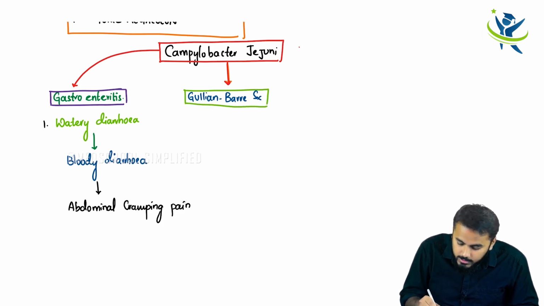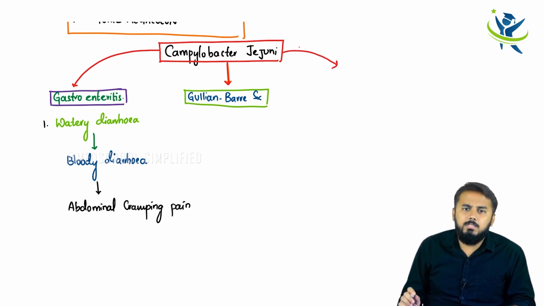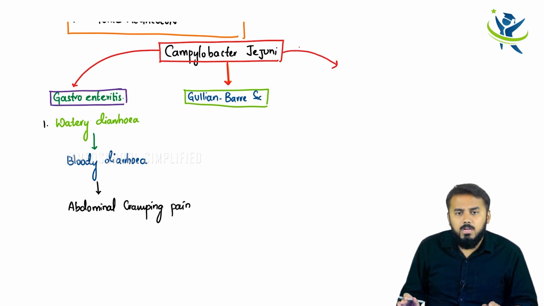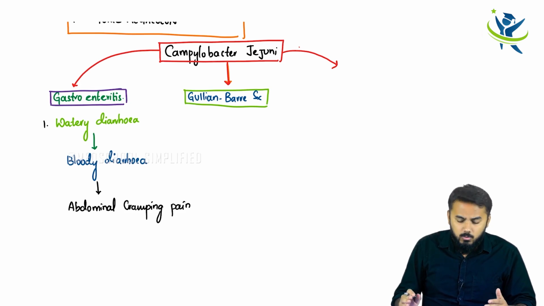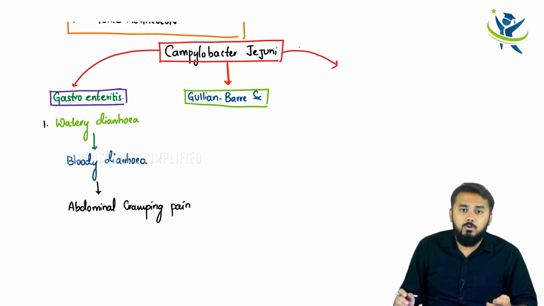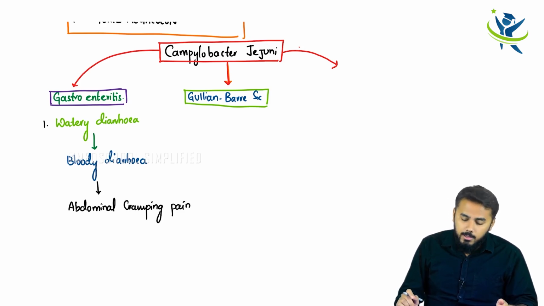You will learn about Guillain-Barré syndrome in detail in physiology as well as in your internal medicine. I would like to teach you about it now, but that is not necessary for your microbiology. No one is going to ask you in your MBBS microbiology exams what Guillain-Barré syndrome is.